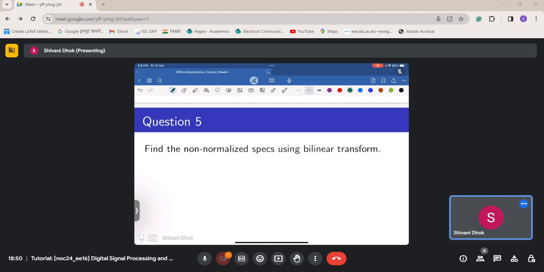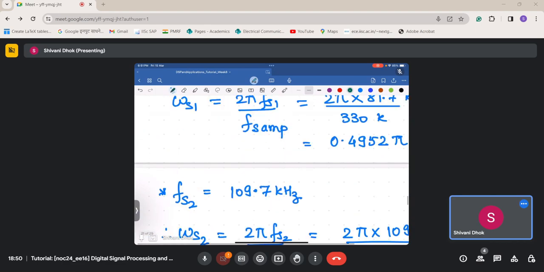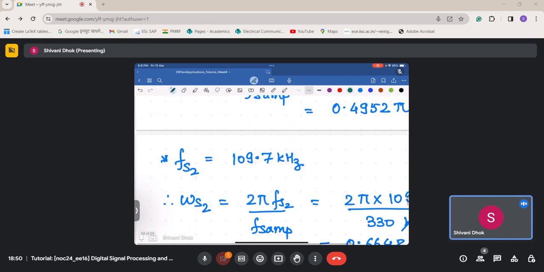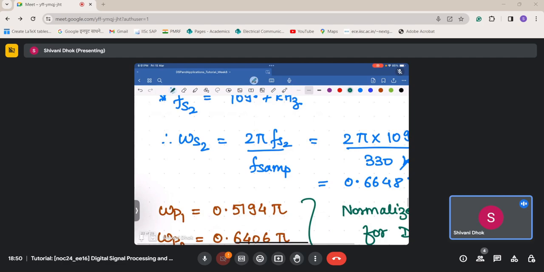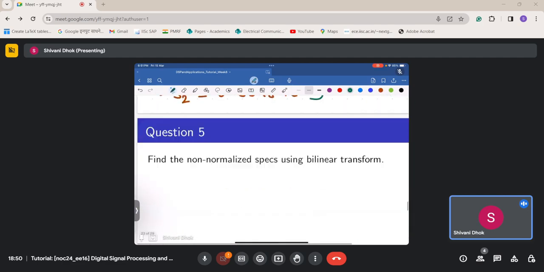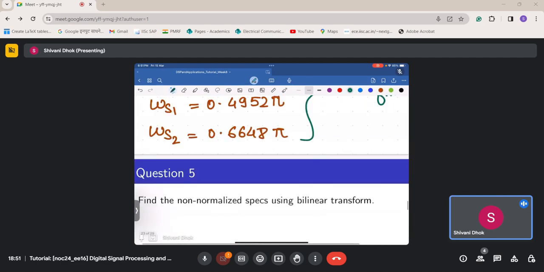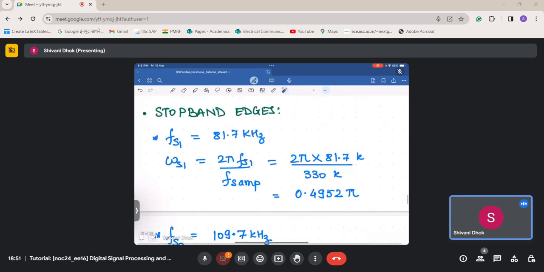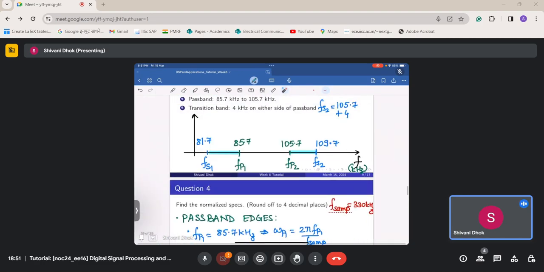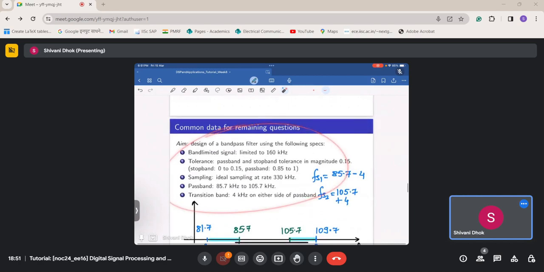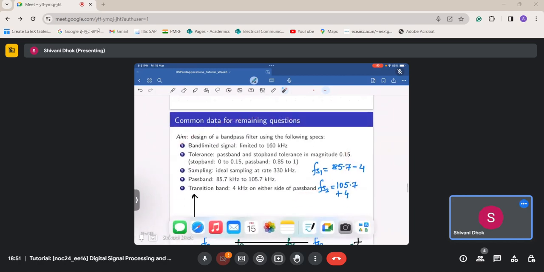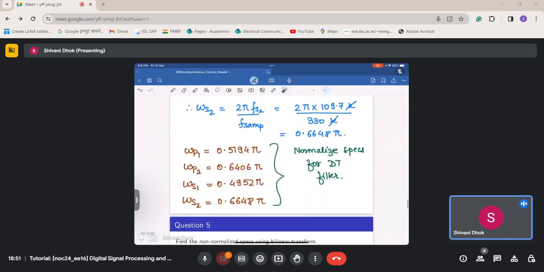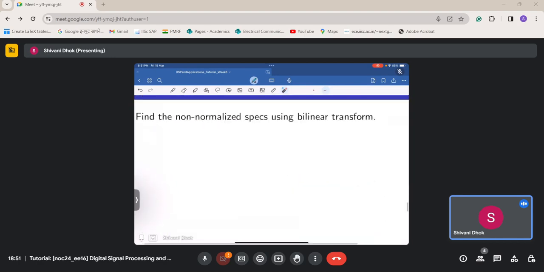So the thing is, we had analog specs, then we went to digital specs, and now we'll again go back to analog specs, but these analog specifications will correspond to the particular digital frequencies which we are having. And since tan is a non-linear function, the analog specs which were given to us will not be the same as what we'll get after applying the bilinear transformation.